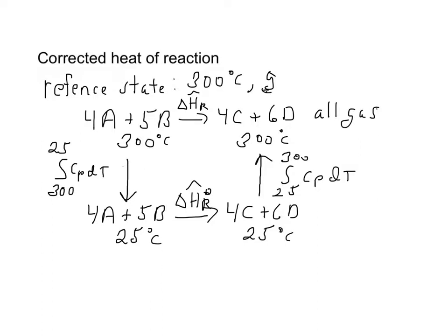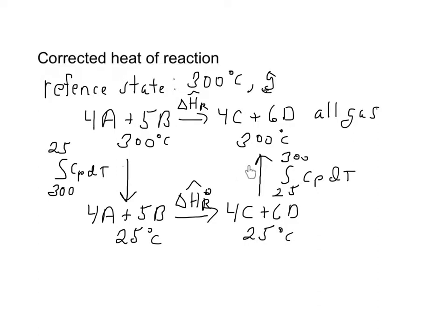Now, if the heat capacity of our products is the same as the heat capacity of our reactants, then this leg and this leg should be the same. And typically they're close because the heat capacity is all due to vibration and stretching modes of the atoms in a molecule. And when we change reactants to products, generally the number of bonds that absorb this energy is pretty similar.